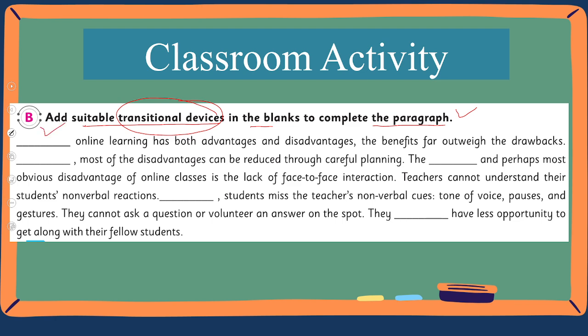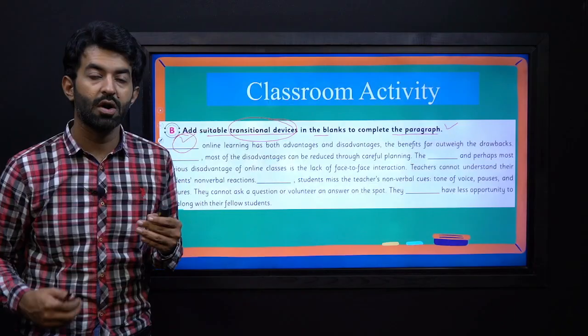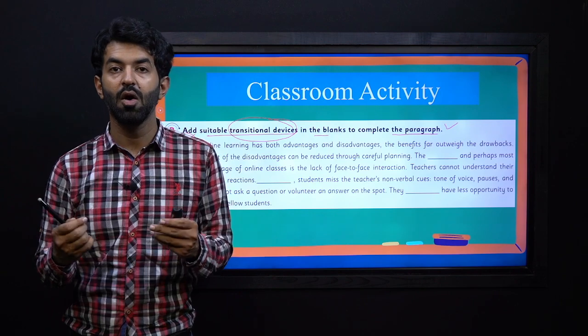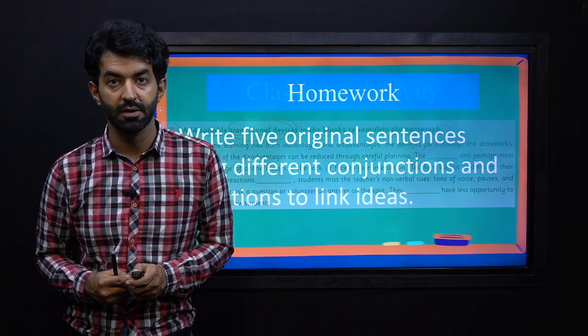Online learning has both advantages and disadvantages. The benefits far outweigh the drawbacks. So, what word are you going to use for this situation? Is it for comparison or for contrast? Now this is up to you how you do this classroom activity.